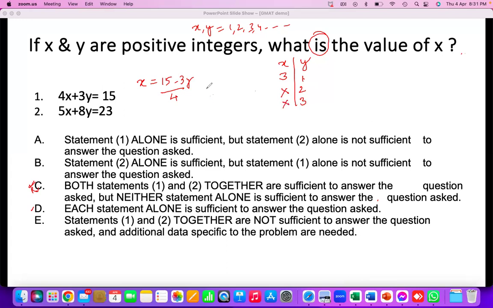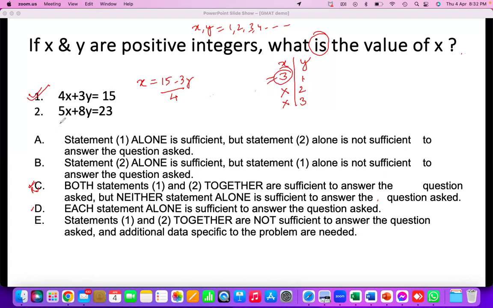If you put 4, again a fraction, and 5 gives 0. After that, you will have negative values. Going forward, you will not have any valid value of x. So using the first statement alone, you get x equal to 3. So the first statement is sufficient to answer the question.